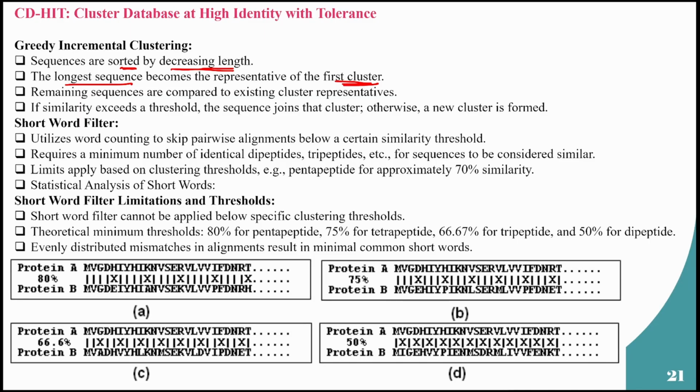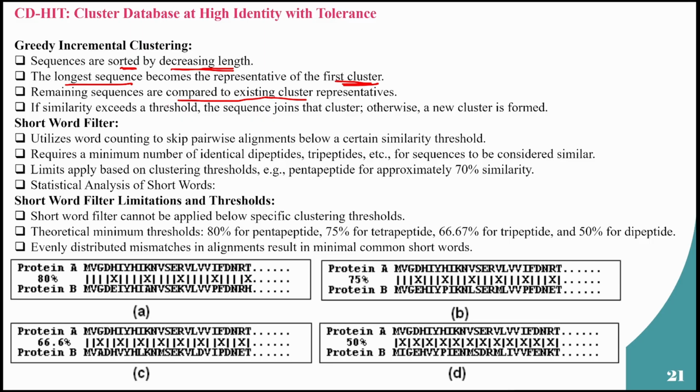Now all of the other sequences are compared with this cluster one representative, and based on the threshold values provided, it checks whether the new amino acid sequence is significantly different from the cluster one representative, or whether it should be a part of the same cluster, cluster one, right?